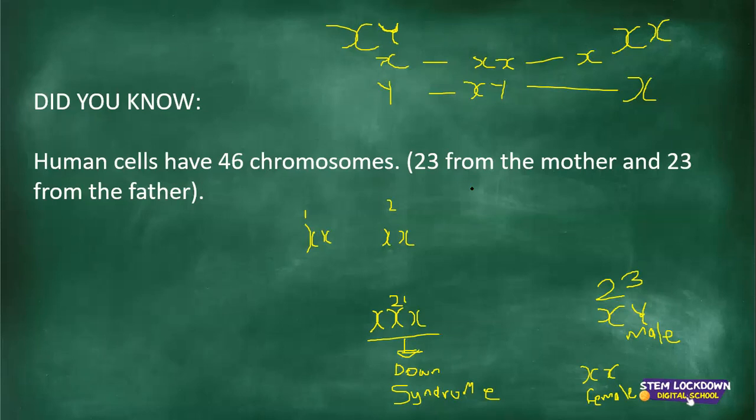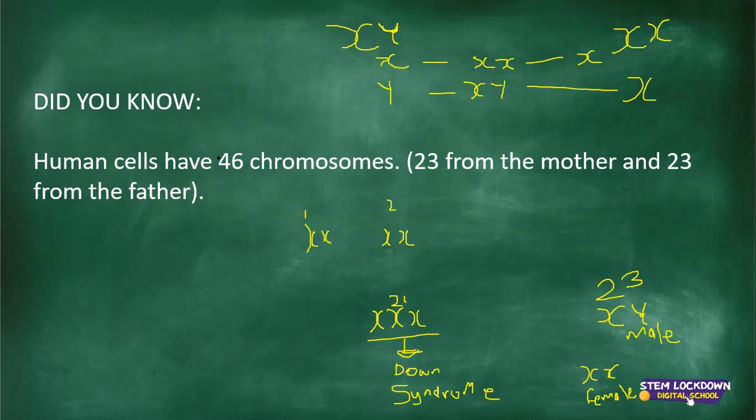So, since we know that human cells have 46 chromosomes, the answer is actually right here on the screen. It has 46 chromosomes, each cell. But somehow, when it passes to the baby during a fusion, why then does the human body still only have 46 chromosomes or 23 pairs?